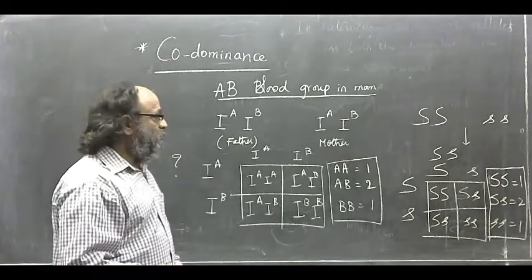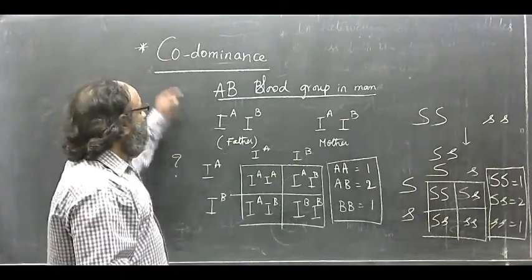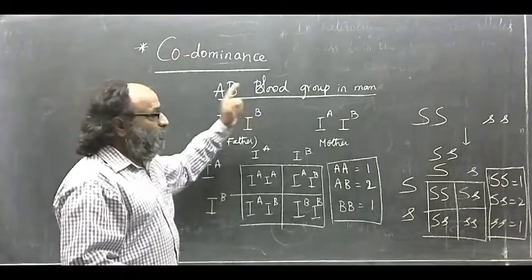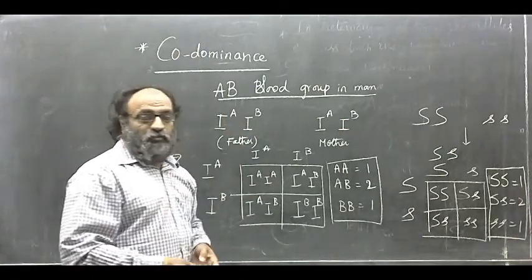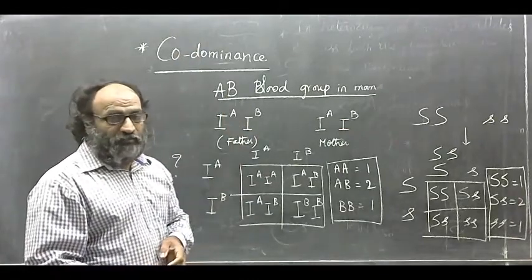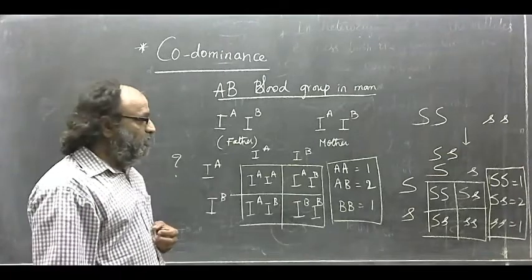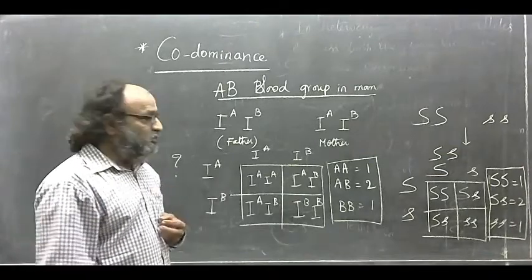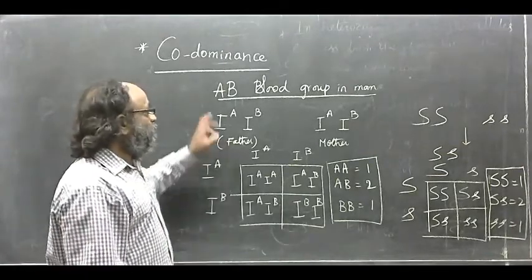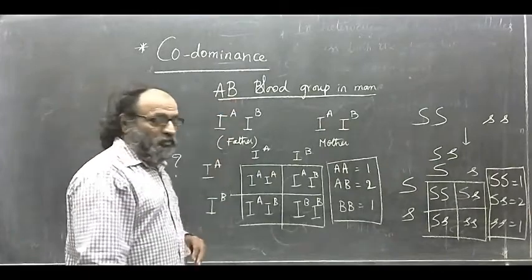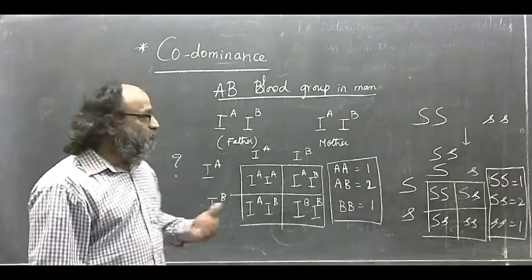Then it is called codominance. So, the examples of codominance are the appearance of spotted dotted lentil seed nature and also AB blood groups in human beings.